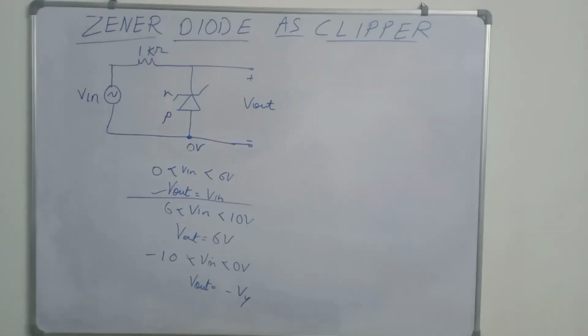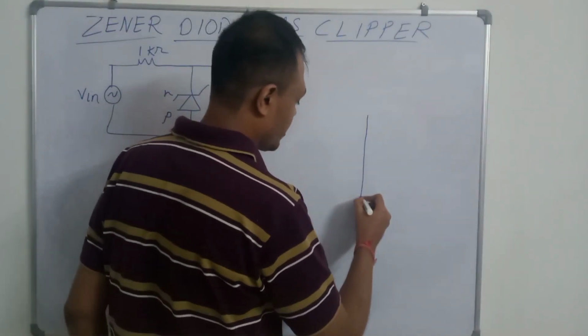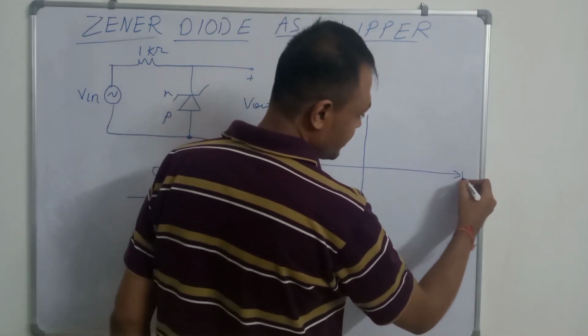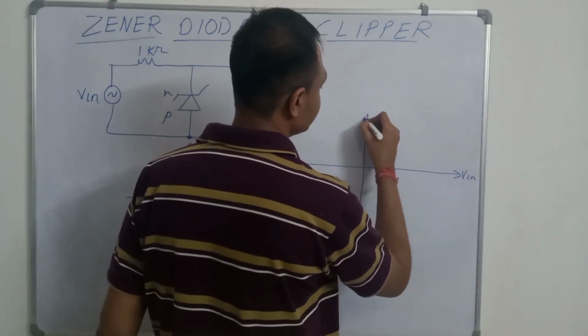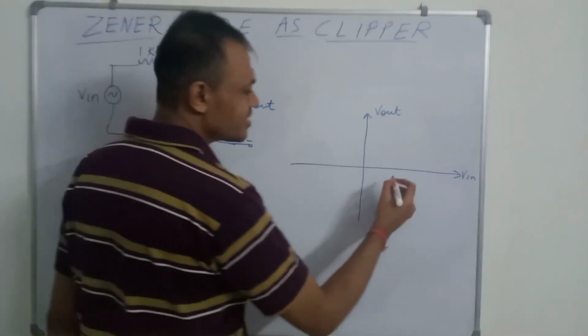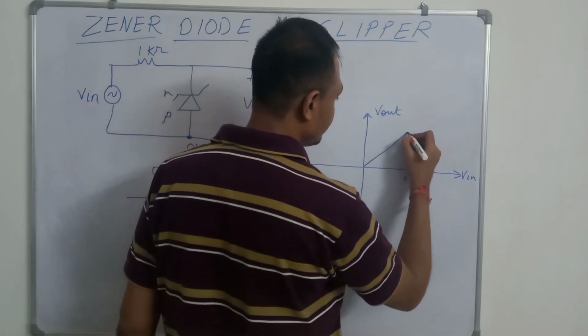Now we will draw the transfer characteristics. On the x axis we draw the input voltage, on the y axis we draw the output voltage. When V in is less than 6 volt, the output voltage is exactly equal to the input voltage.